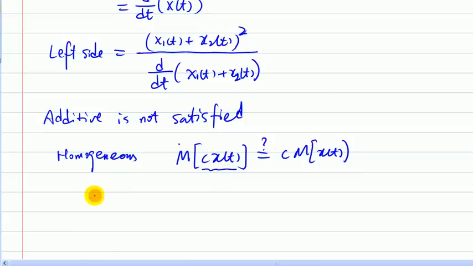So on your left side, you're going to have to replace your original x with c x of t, which means you replace your x with cx.